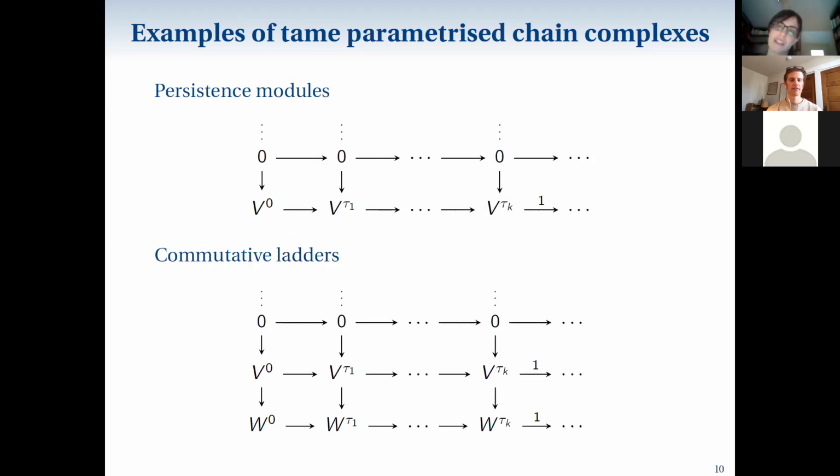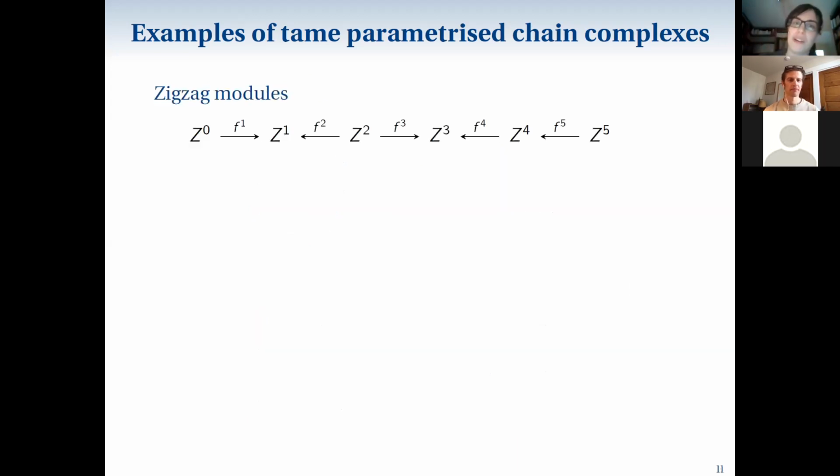Same thing, and this is more interesting when we are talking about commutative ladders. And it's more interesting because usually these two objects do not really talk with each other, but now they are just examples of the same universe, okay? So it's non-zero only in degrees 0 and 1, and 0 everywhere else, okay? Now, another example is the zigzag modules. So it's a bit more difficult, but let me take a zigzag module, so something like this.